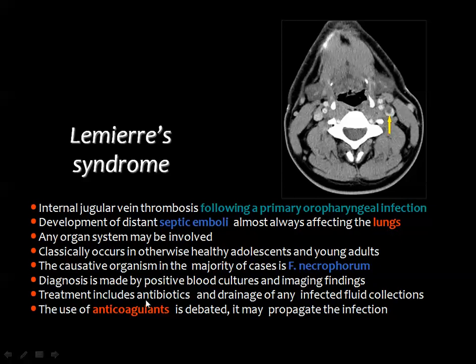This disease affects healthy adolescents and young adults. Then the causative organism in the majority of cases is the Fusobacterium necrophorum. And this organism can lead to thrombosis of the internal jugular vein and is also present in the emboli or the showers coming from this thrombus. Then the diagnosis will depend on the blood culture and the imaging findings.